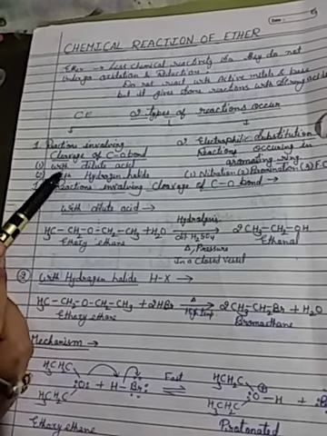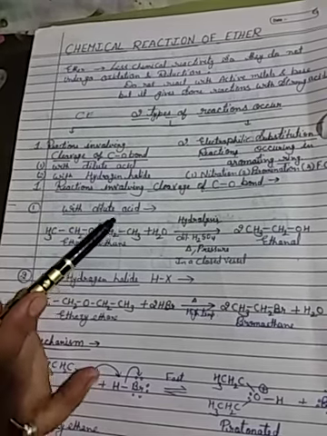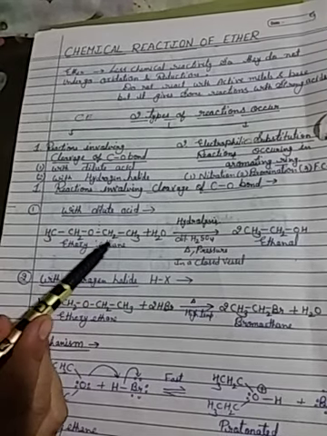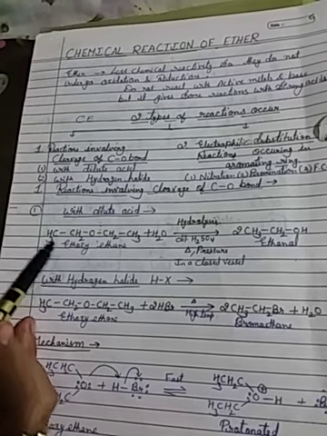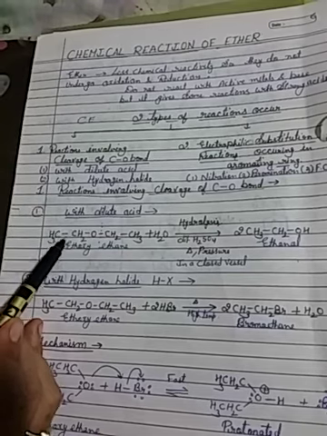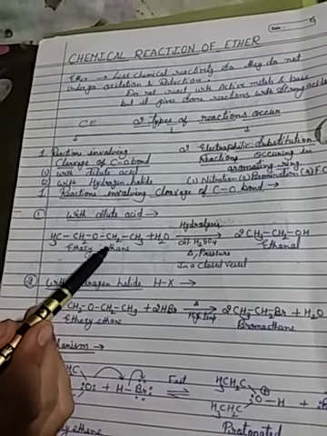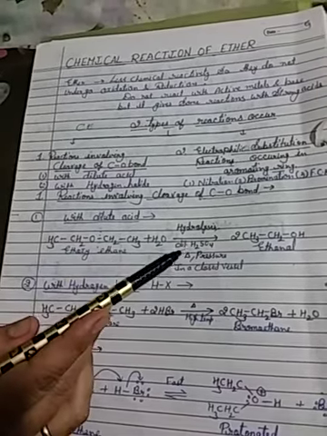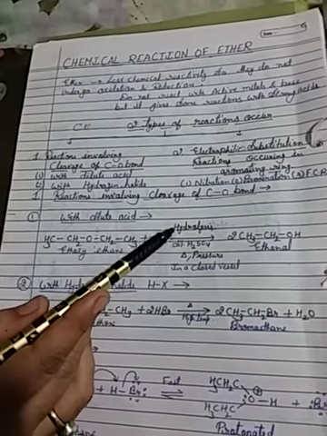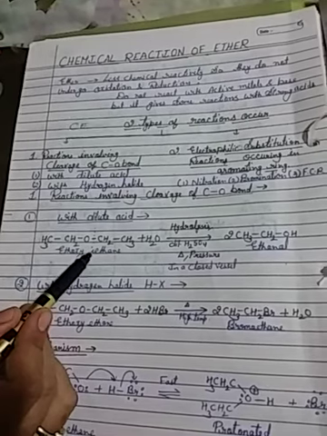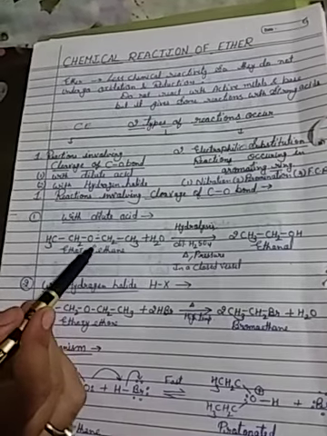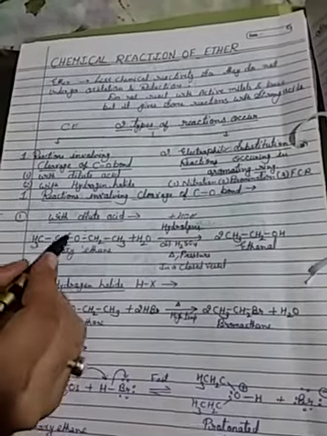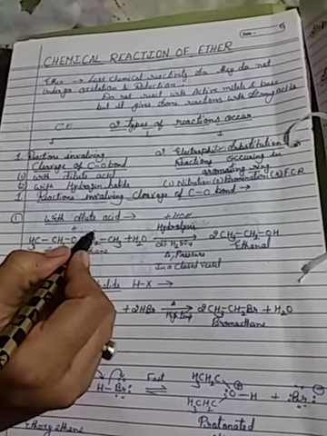First is ether reacting with dilute acid; we take dilute H2SO4. As an example I will take ethoxyethane: CH3CH2-O-CH2CH3. This ether reacts with water in the presence of dilute H2SO4. This is hydrolysis: one side bond breaks, with addition of water, H and OH.